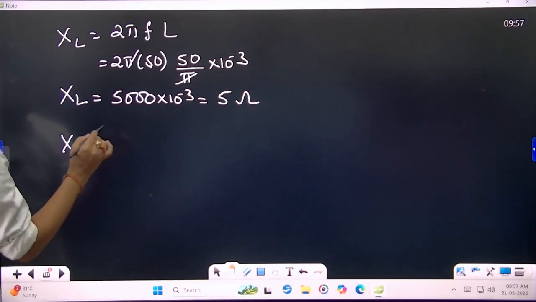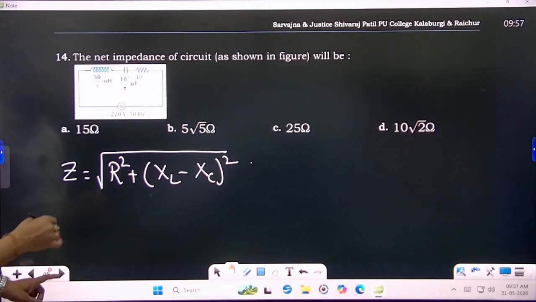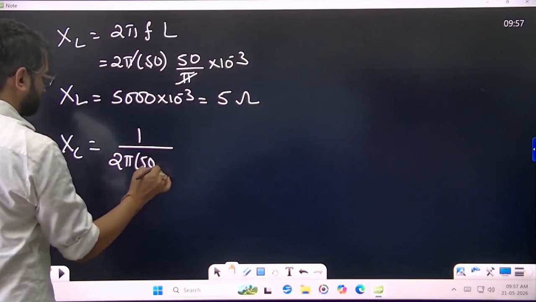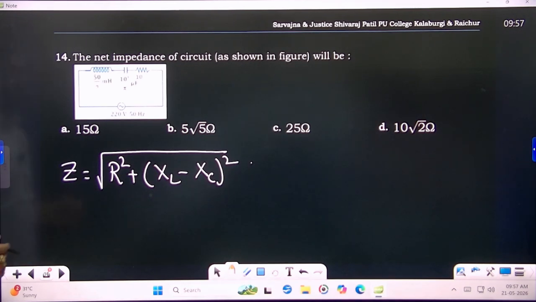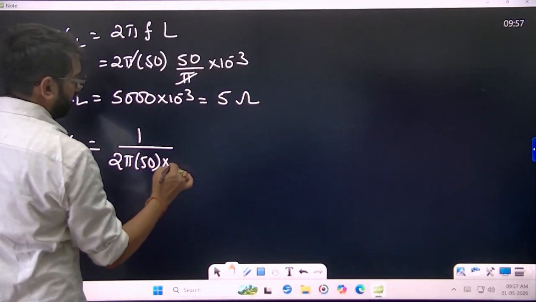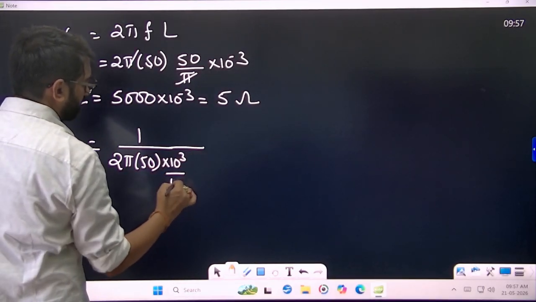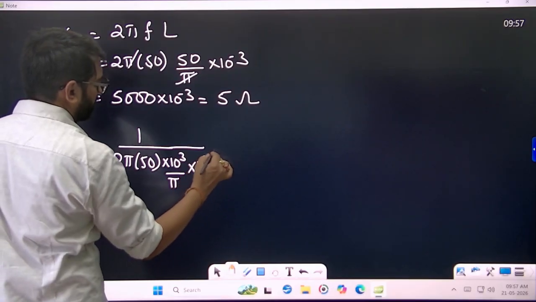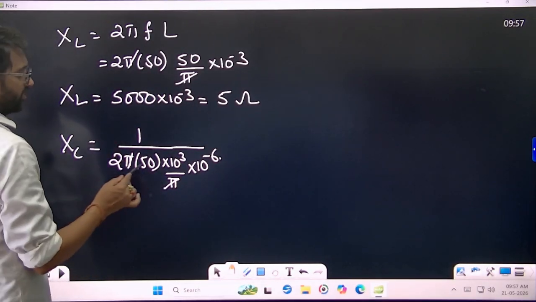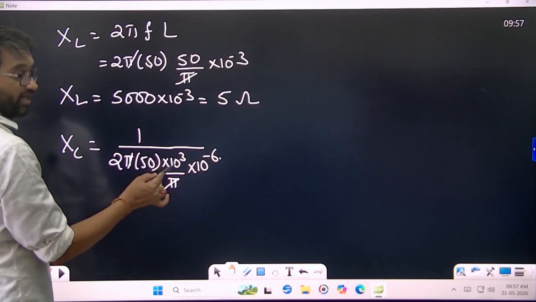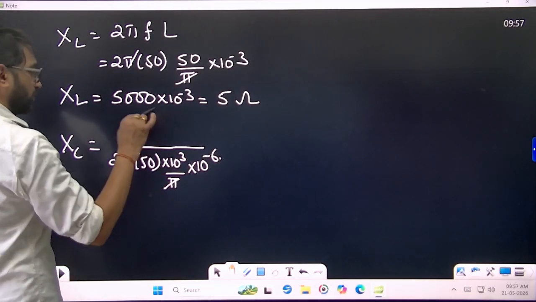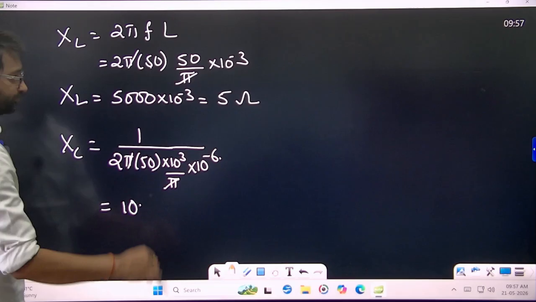Go to XC. XC happens to be 1 by omega C. 1 by omega, omega is 2 pi f, 50, into C. Let us see what the capacitance is. Capacitance is 10 power 3 by pi microfarad. Micro is 10 to the power of minus 6. So check this one, this and this get cancelled. This one is 100. 100 and this is 10 power 3, 10 power 5. 10 power 5, 10 power minus 6 is 10 power minus 1, goes to the numerator, it becomes 10.